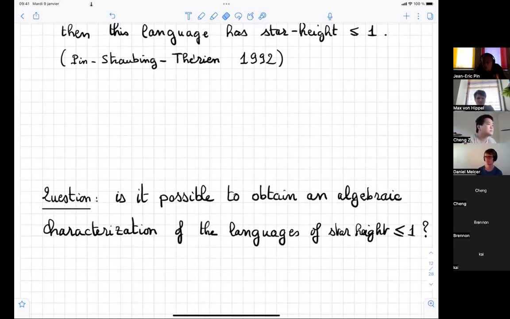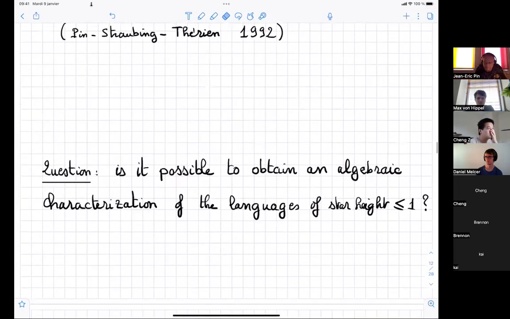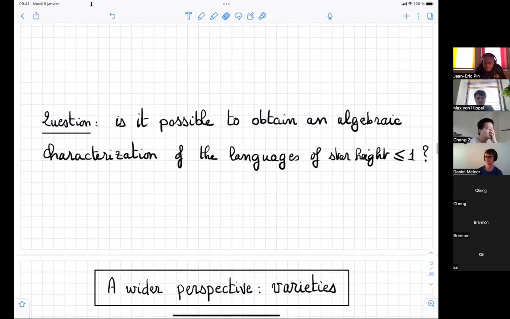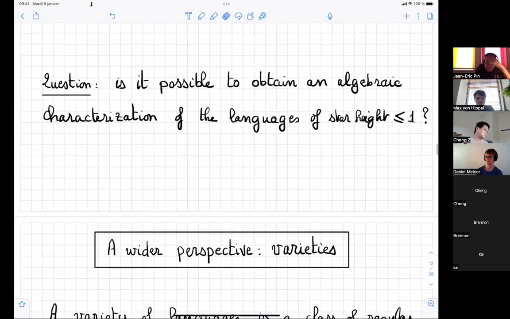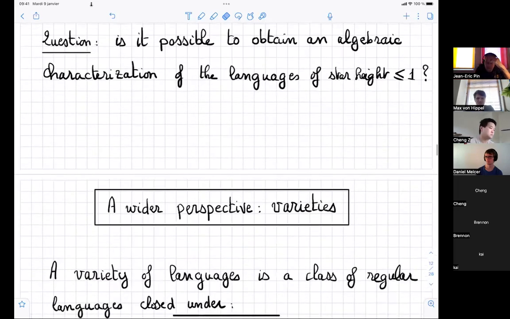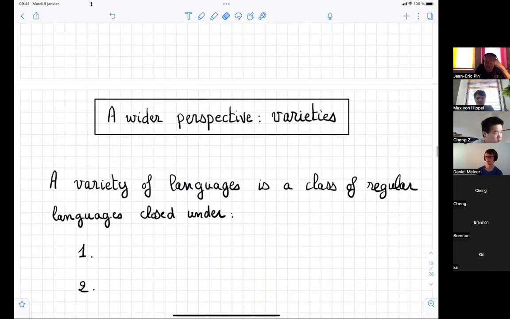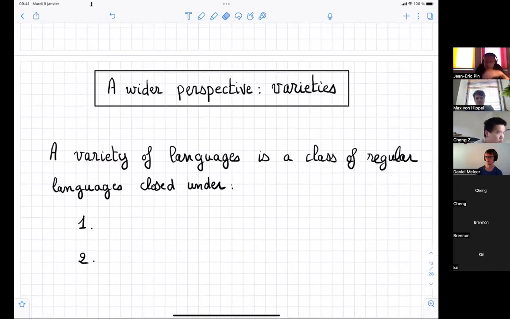So the hope was, is it possible to have this? And for this, I will need to go beyond languages, and I would like to talk about varieties. So let me just mention this.